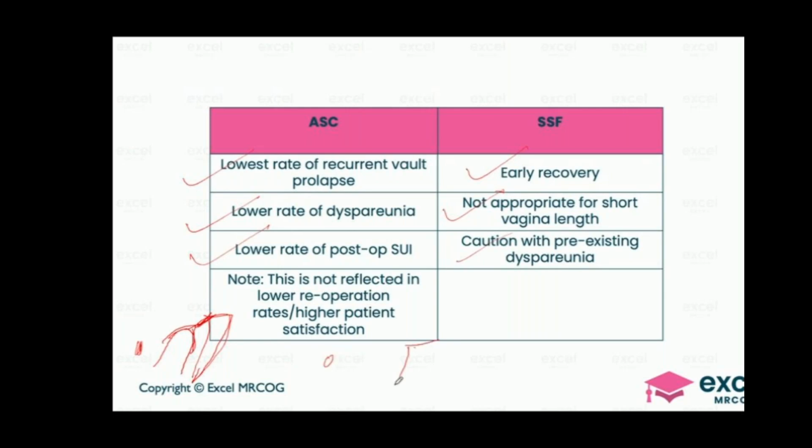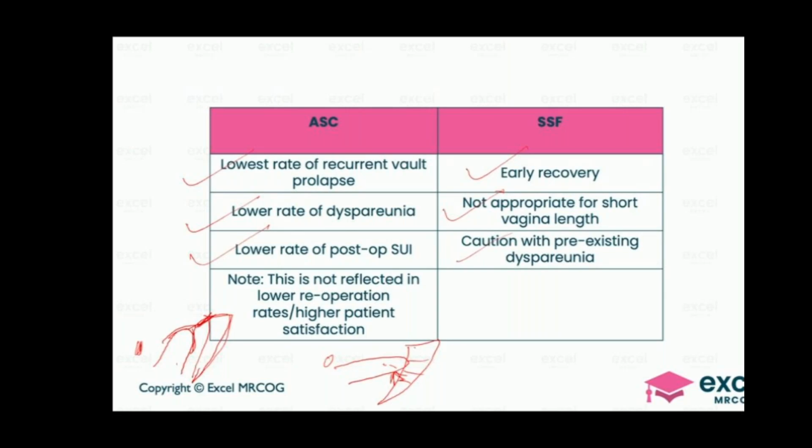What happens in a sacrospinous fixation is this is the sacrum, pubic symphysis. You are taking the vault and putting it behind like this. This is a little more horizontal than usual. No, there is a spine.